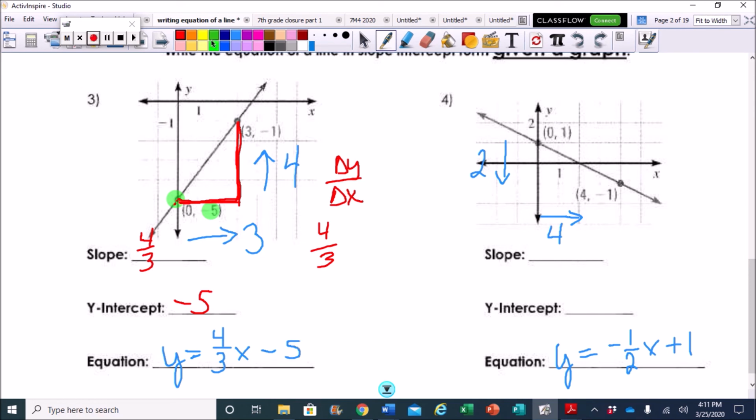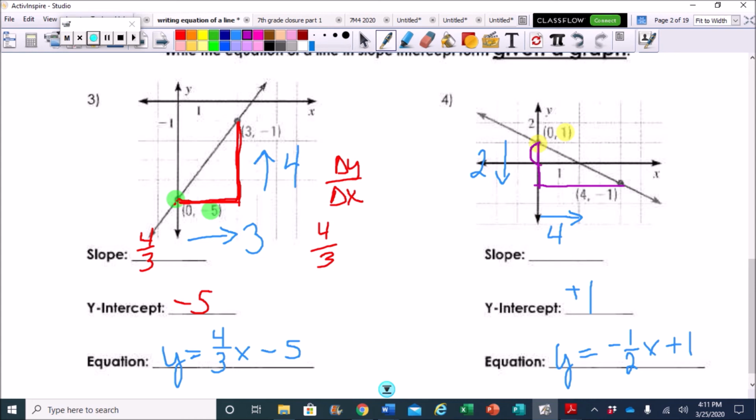The next one. First thing I want to do is identify where it crosses the y-axis. So it's at 0, 1. So that means that my y-intercept is 1, a +1. My slope to go from 0, 1 to 4, -1, I have to go down and to the right.